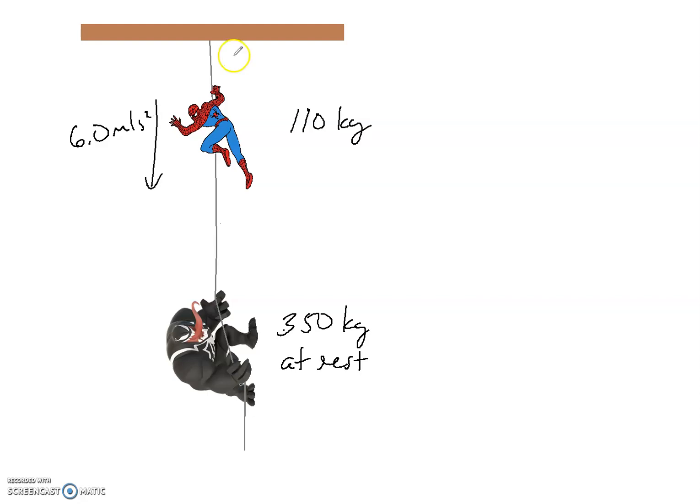Let's find the tension in the web here. We don't have to worry about the tension at the bottom below Venom because it would just be zero, since there's nothing hanging off of there. The force of gravity is a really simple force to look at, so let's find it for Spider-Man and Venom.